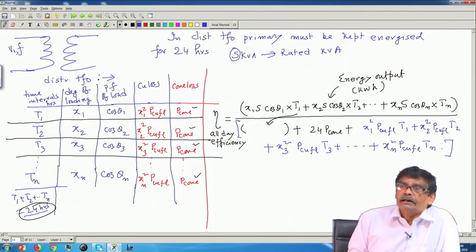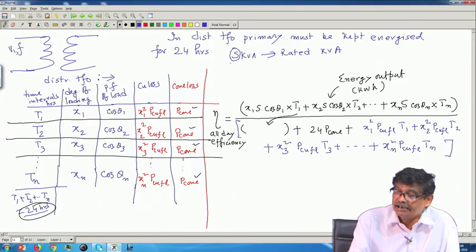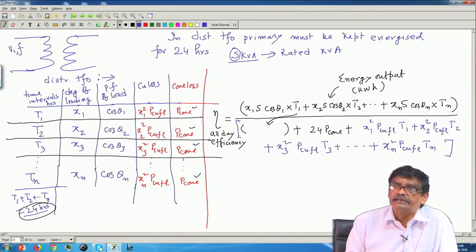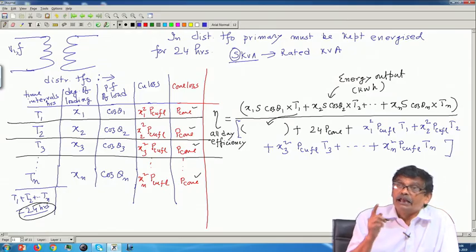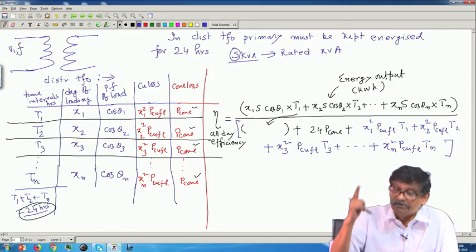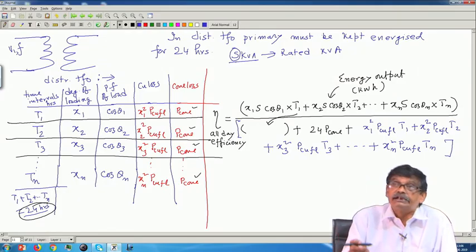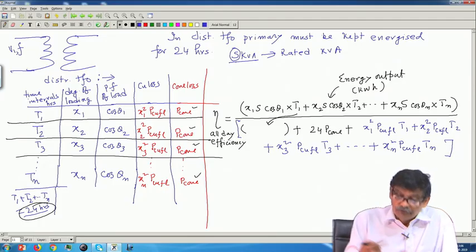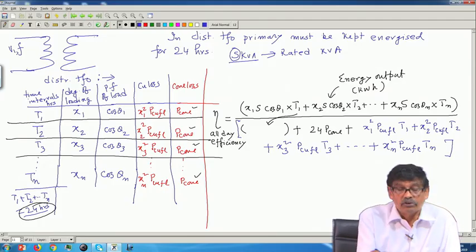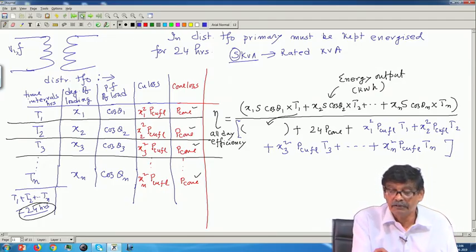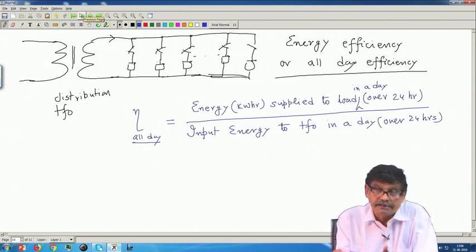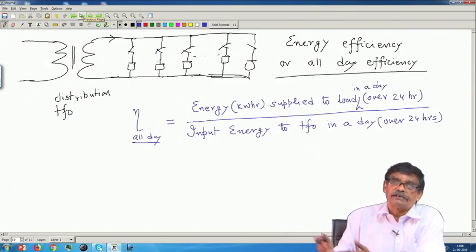Your transformer has a specific rating, S kVA is the rated kVA, fixed voltage ratings are there. But you will say I do not like to have the maximum efficiency at rated condition, knowing fully well that the load on the secondary is not in my hand, it is going to change over time.